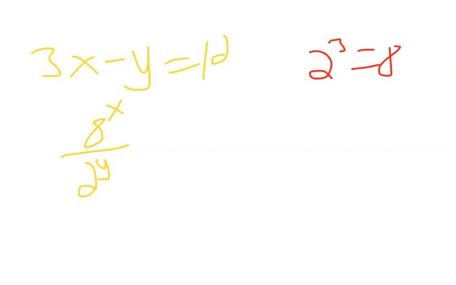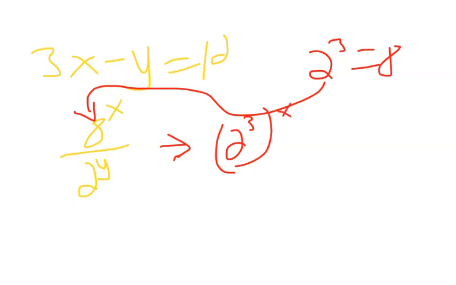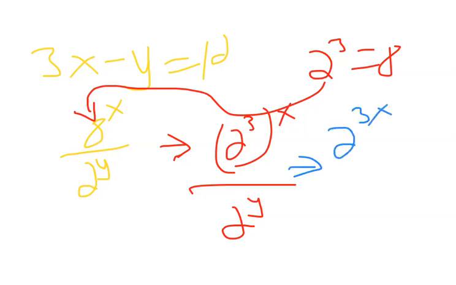You can plug this in here instead of an 8. So you get 2 cubed to the x power, because the whole thing is raised to that, all over 2 to the y. And now we're cooking, because you can do the power to the power rule, you multiply. So you get 2 to the 3x over 2 to the y.